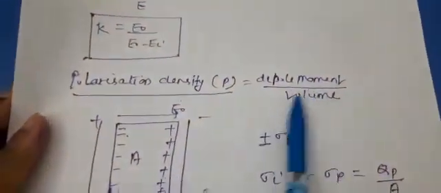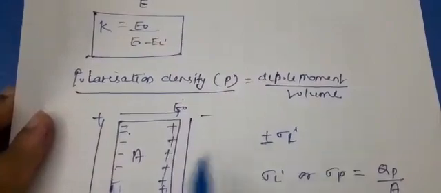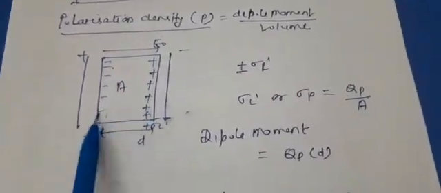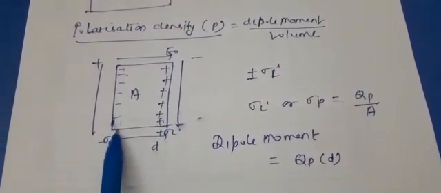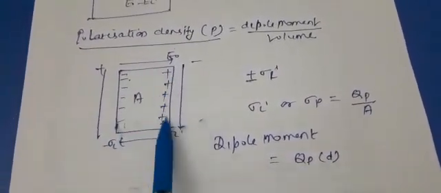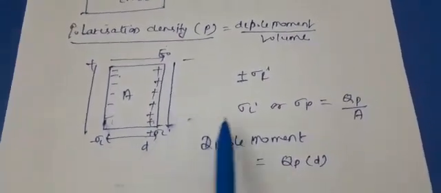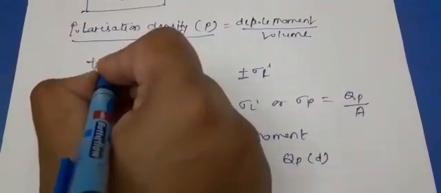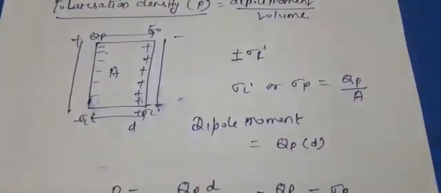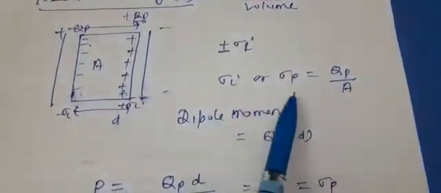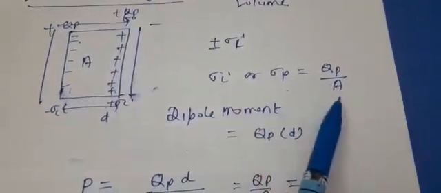I am revising polarization density again. By definition, this is dipole moment per unit volume. When a dielectric is placed in an external field, an induced field will be developed on it, and hence charges appear on the dielectric. Let the charge induced be Q_P or Q_i, whatever symbol you use: minus Q_P on one side and plus Q_P on the other. Correspondingly, charge density will be charge per unit area.